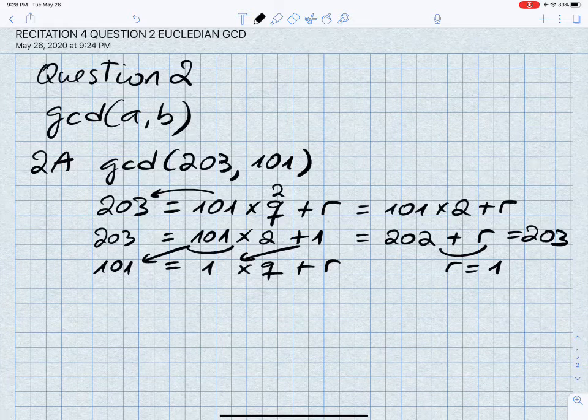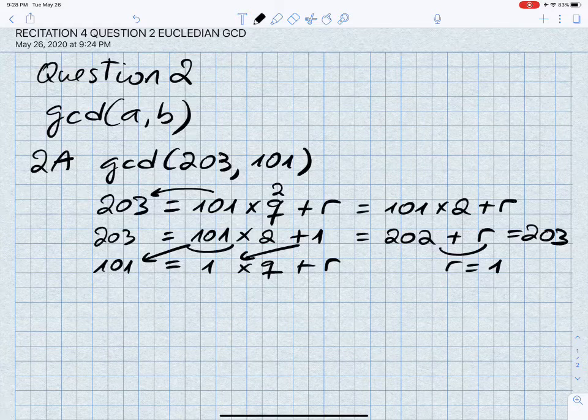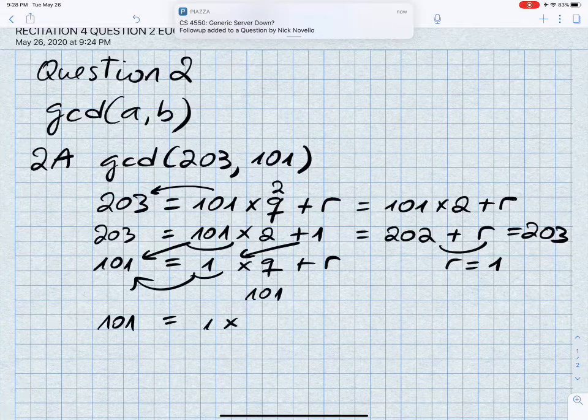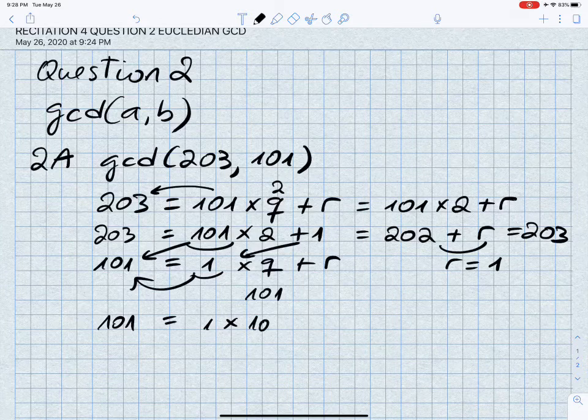So we ask ourselves, how many times does 1 go into 101? Well, it can go 101 times. So we have that 101 is equal to 1 times 101.